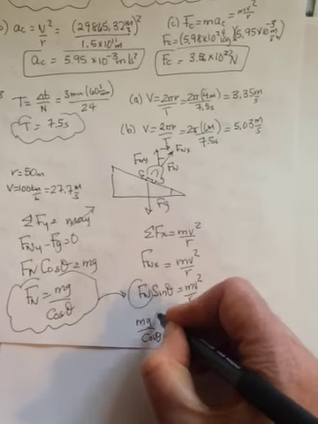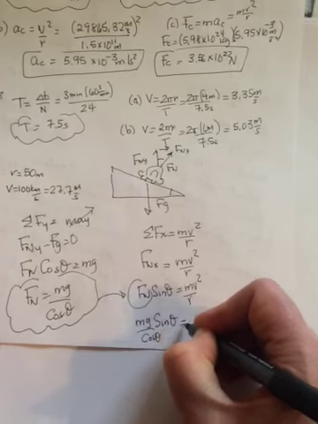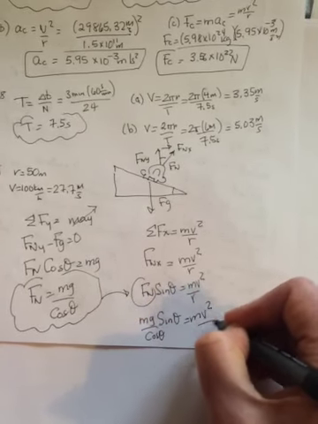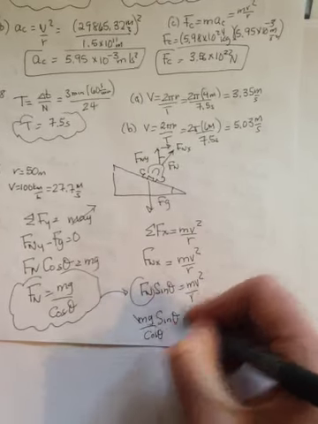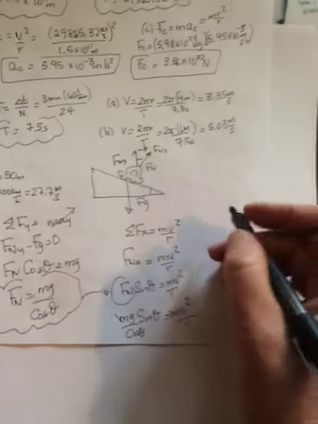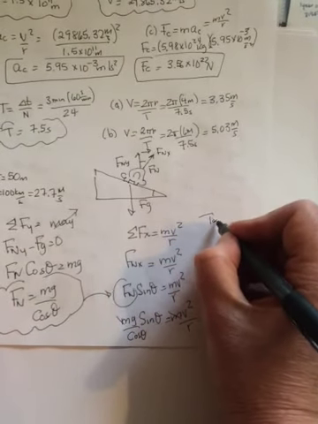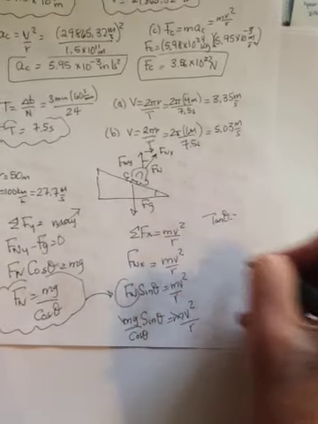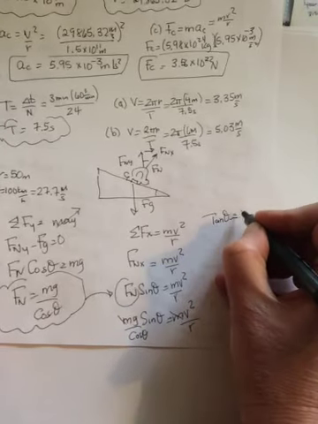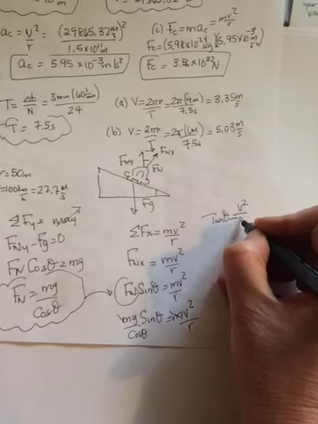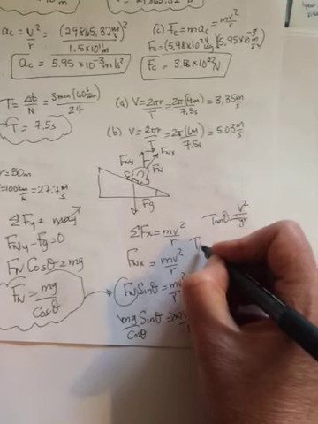So you'll have mg sine theta over cos theta equals mv squared over r. The m's cancel, sine over cos become tan. So you have tan theta, take the g down, equals v squared over g times r.